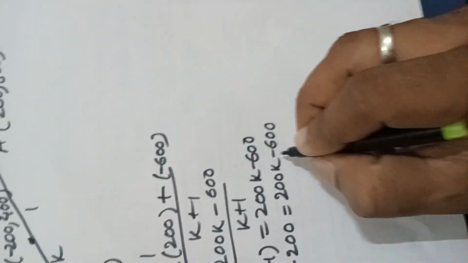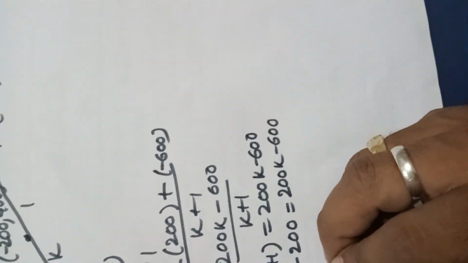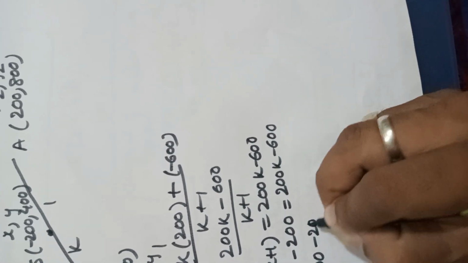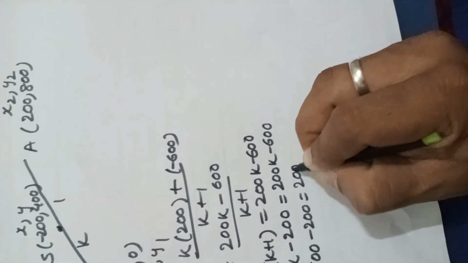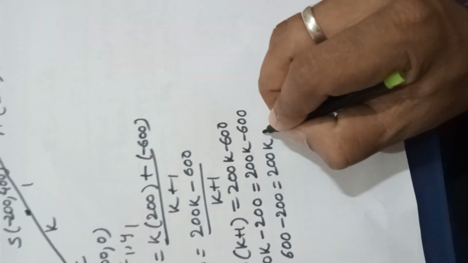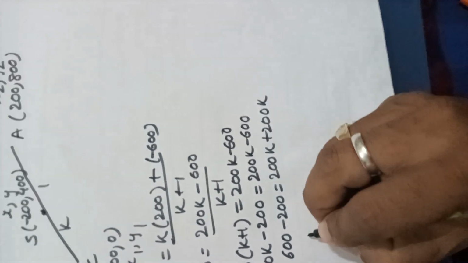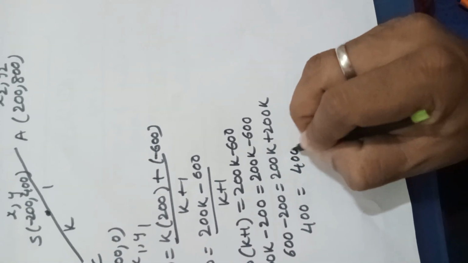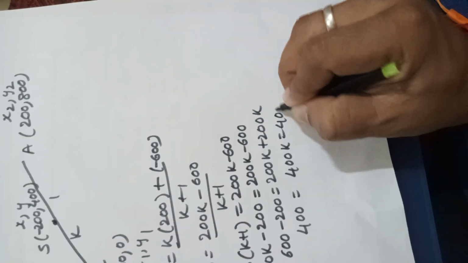You can just bring this minus 600 to the LHS. It becomes 600. So 600 minus 200. This 200k I'm writing as it is. This minus 200k, when I transpose it to the RHS, it becomes plus 200k. So this will be 400. This will be 200k plus 200k is 400k, which can be written as 400 into k.